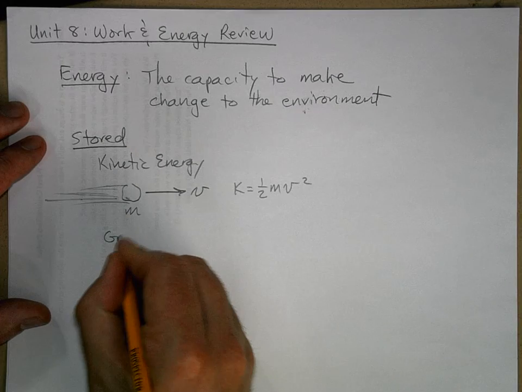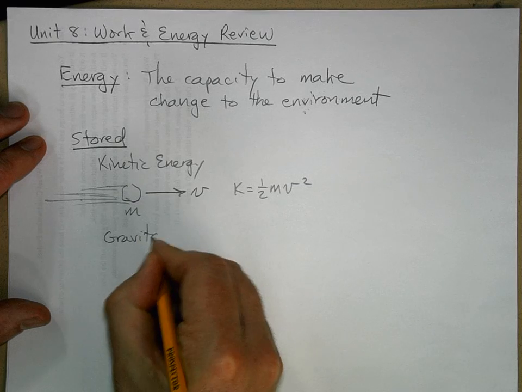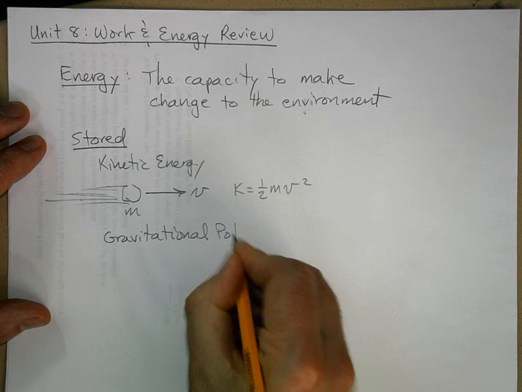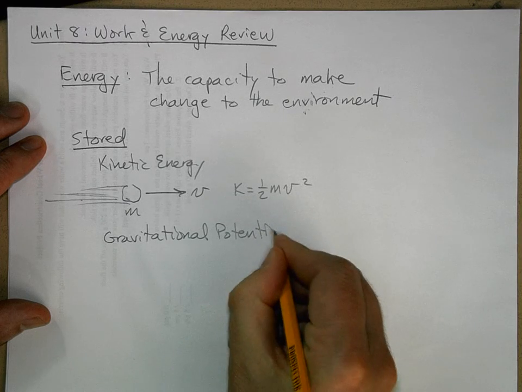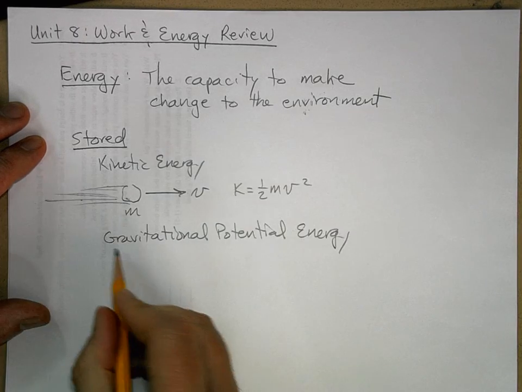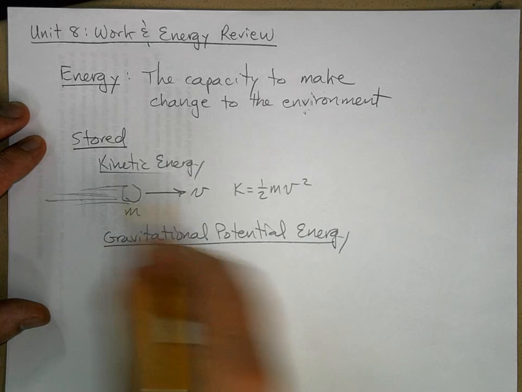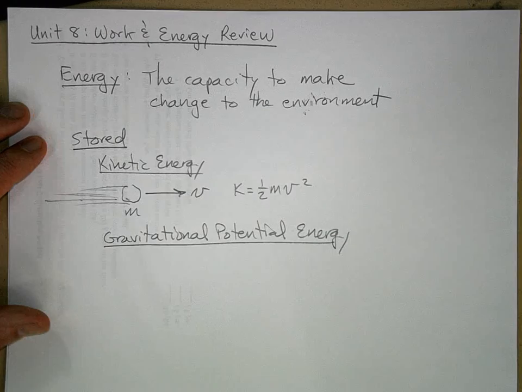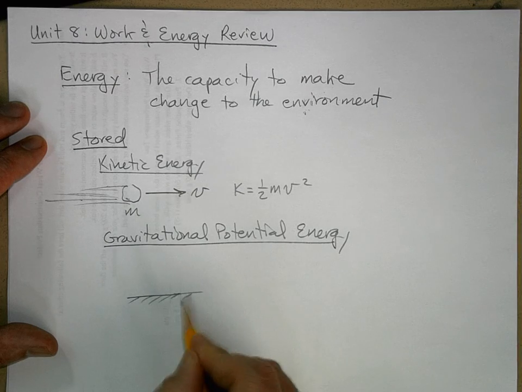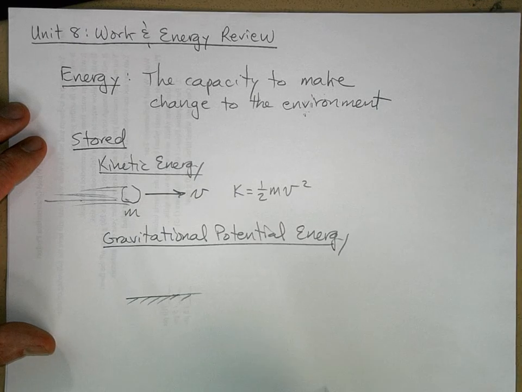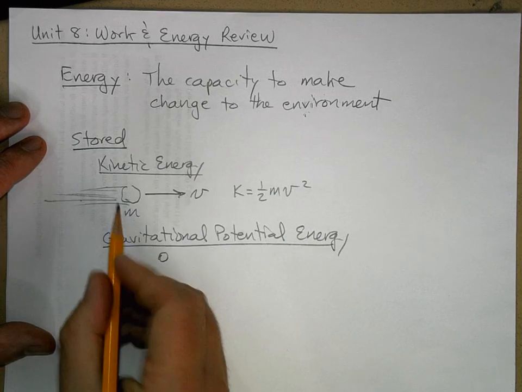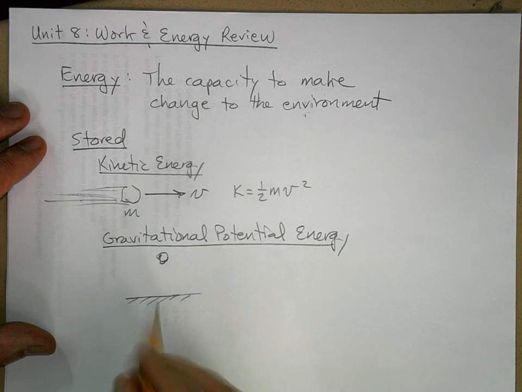We have gravitational potential energy. And we said this is energy stored in a gravity field based on an object's position in that gravity field, or particularly here, let's take the same rock and put it above the ground.